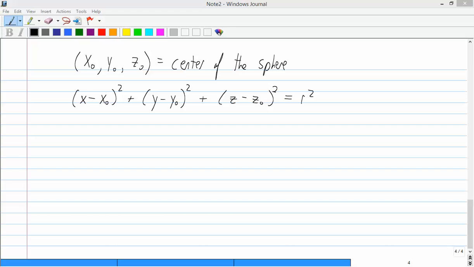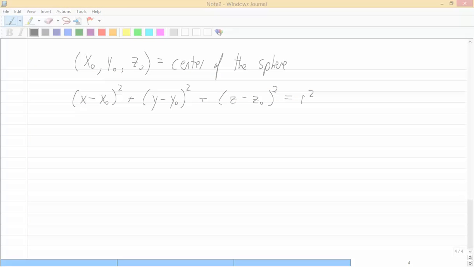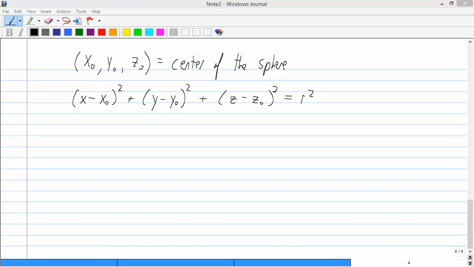Here's a prettier sphere. It's kind of hard to draw a sphere. Your book does a little bit better job than I do, if you shade it in certain areas.